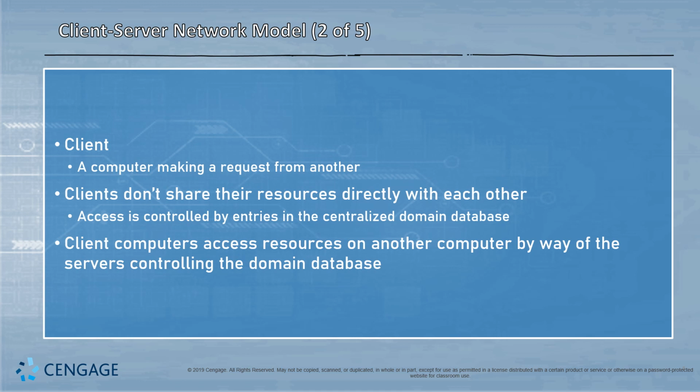So we have a request that goes from the origination point to the domain controller to the resource and back again. So we have kind of a three-person interaction going on here. Whereas with peer-to-peer, we're able to communicate directly. So you can see in certain instances, peer-to-peer would be helpful because it's ostensibly faster. In certain instances, we would want to have a more secure connection, which is better facilitated by client-server.